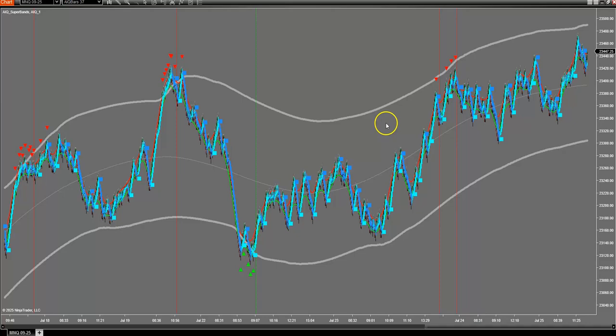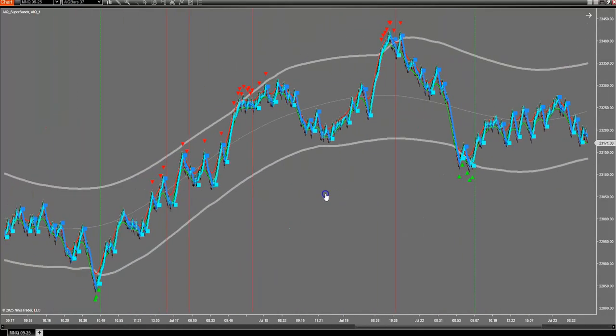So live, the calculation estimate is I would have had a short there and there. I would have had one there. I would have had a long there. So he's going to keep working on that and get to a point where maybe even with the non-static bands setting, when you do a historical backfill, it can show you where the actual crossing points were.